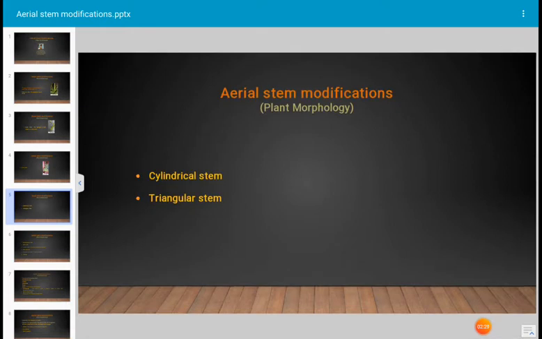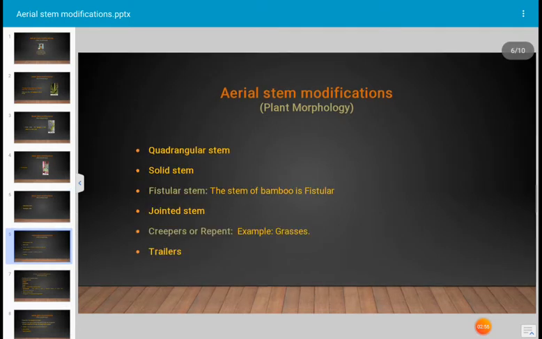The shape of the stem resembles a cylinder, and such a shape is described as cylindrical stem. Next, triangular stem. Most plants may have a spherical or roughly spherical stem, and certain plants may have stems which are triangular in outline, described as triangular stem.